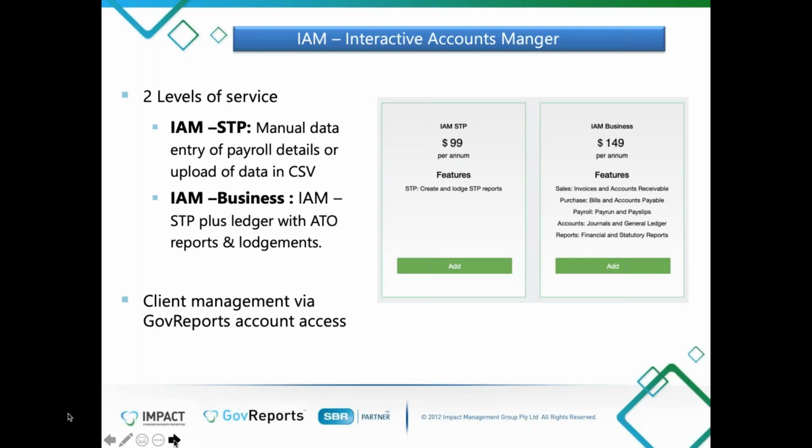Then the full accounting package, which is small and easy for clients, is only $149 per annum. It's a great way to get clients into using their own software. It's a great introductory option, or it can be used forever, really.